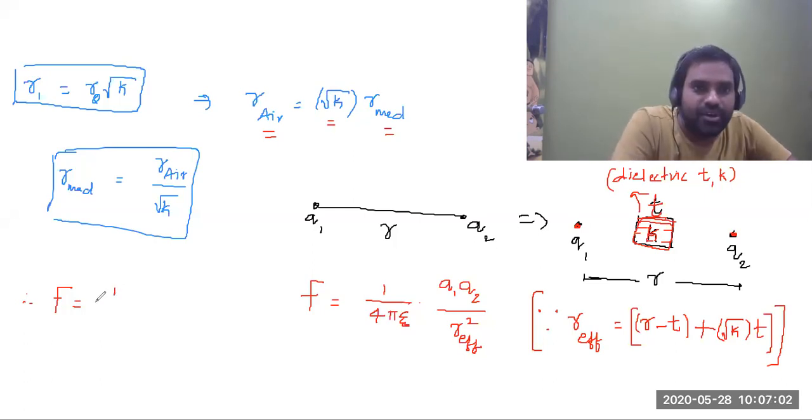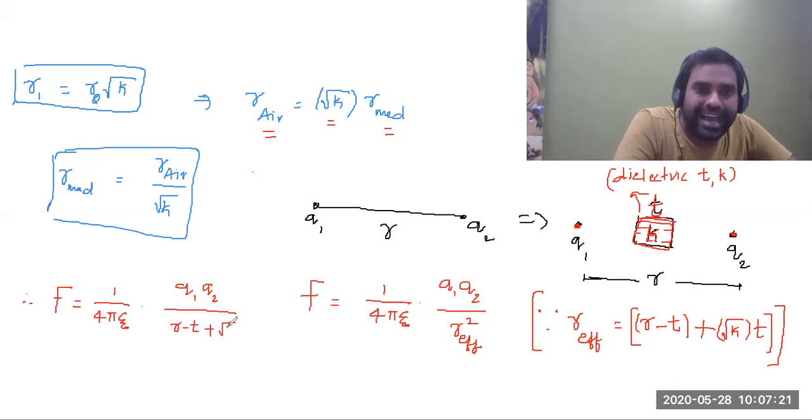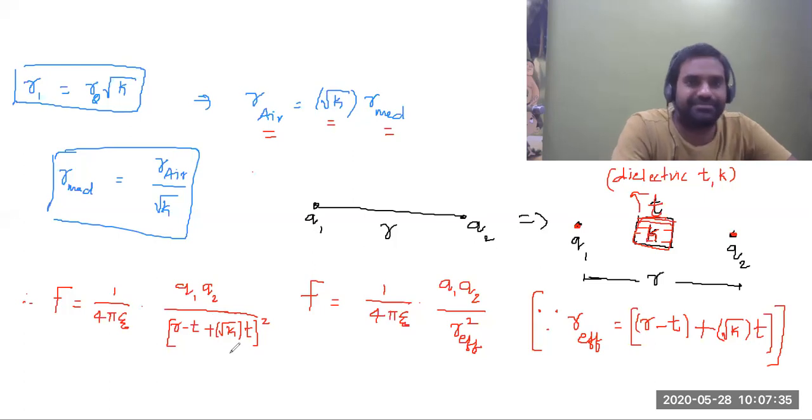Then in that case, the force is directly written by taking the effective distance concept: 1 by 4 pi epsilon naught Q1 Q2 by the effective distance. R minus T is going to be air, students, plus the equivalent air distance, which is root K times the distance of the medium. So this whole square: R minus T plus root K times T.